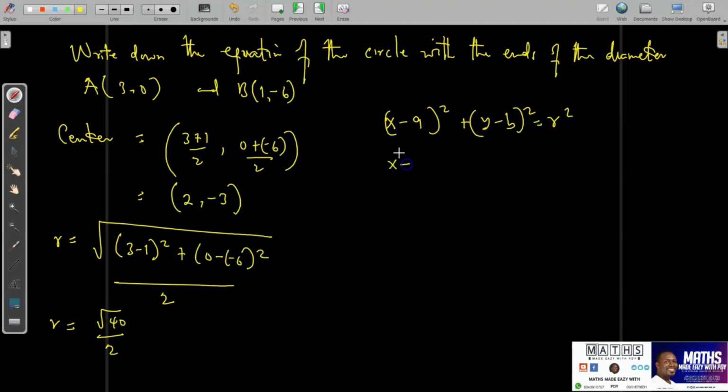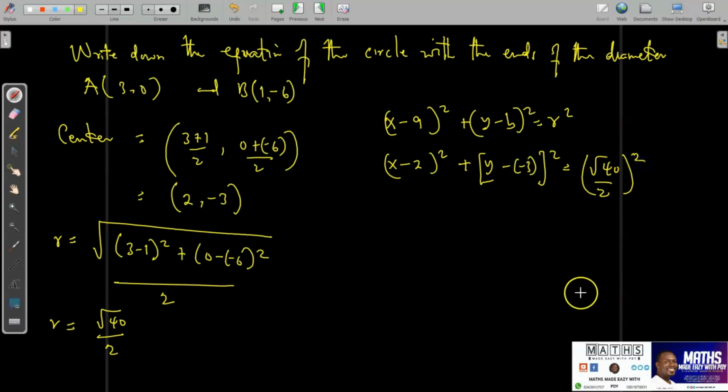x minus, what is our a value? We've seen the a as 2, all squared, plus y minus, b value was -3, all squared equal to root of 40 over 2, all squared. Are you with me? Expansion.